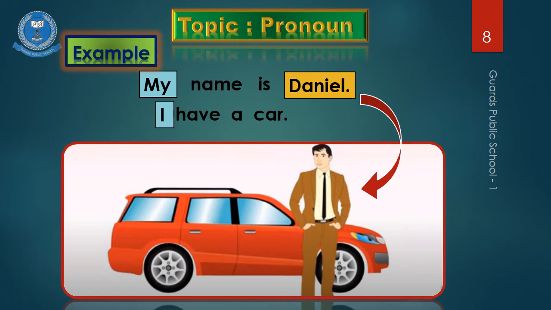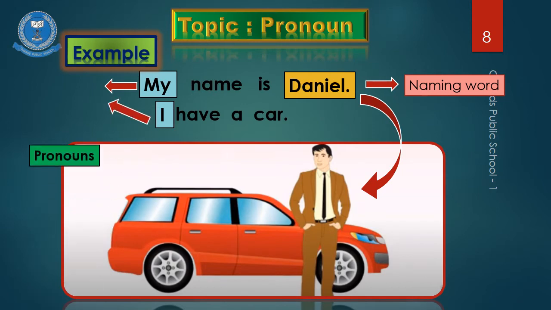My refers to Daniel. And I have a car. I also refers to Daniel. So, the words my and I refer to the naming word, that is Daniel. So, these words are pronouns.